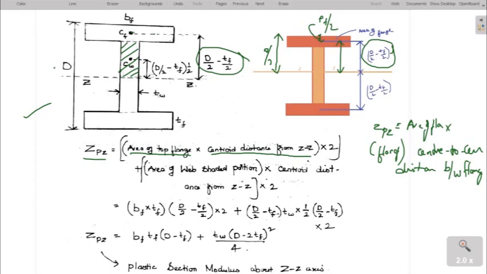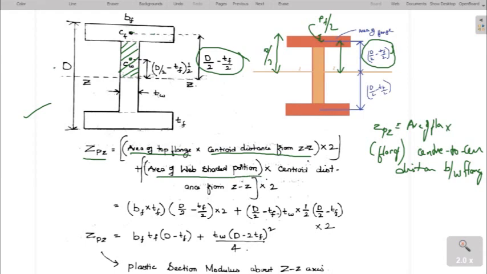So similarly for the web, you can divide it into two halves, and CW is the centroid of the web, and it is at a distance of (d/2 minus tf) divided by 2. Now for the web portion, what do you get?